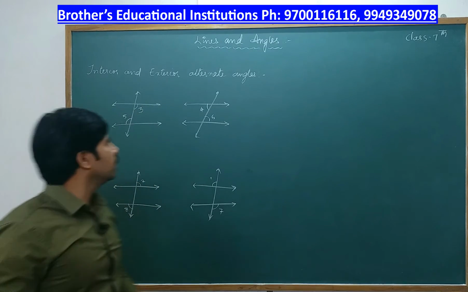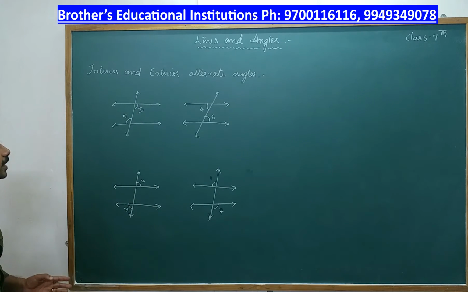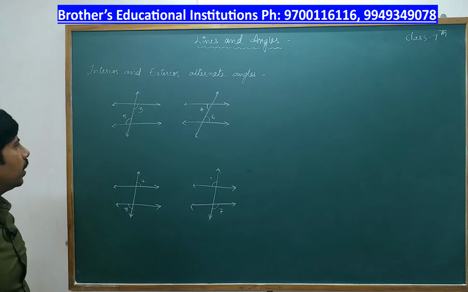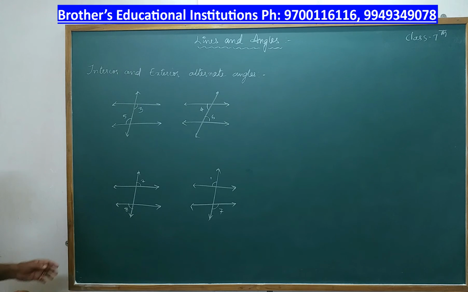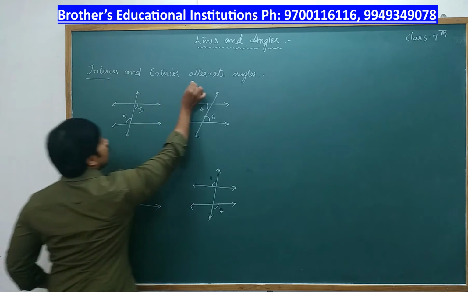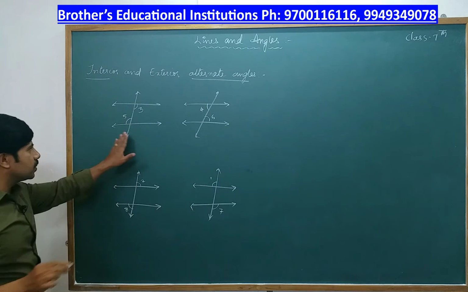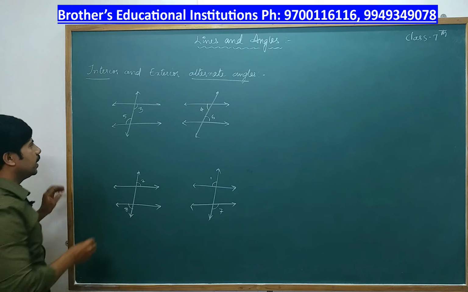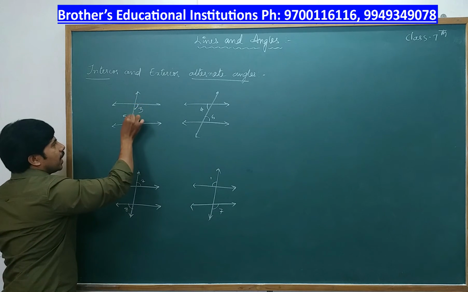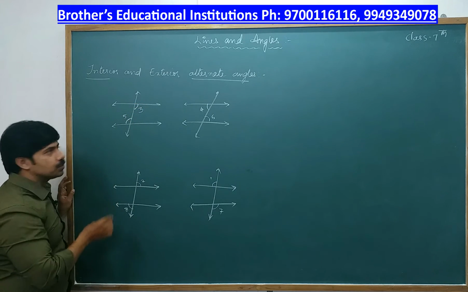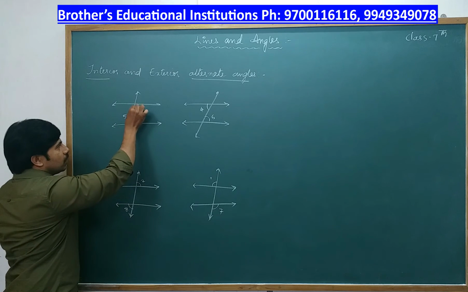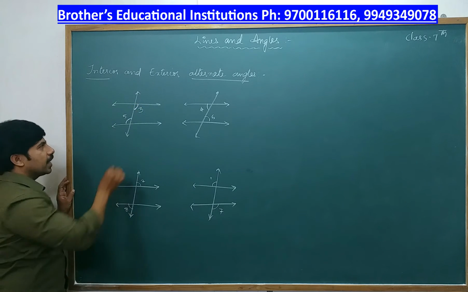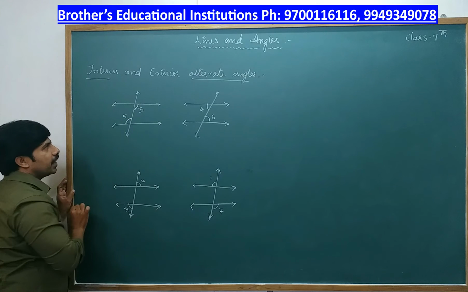Okay, next topic is interior and exterior alternate angles. Okay, so here first we see interior alternate angles. So the first two figures show interior alternate angles. See, the angle should be interior and it should be alternate. See, alternate means what? One angle is on one side, the other angle is on the other side, right?